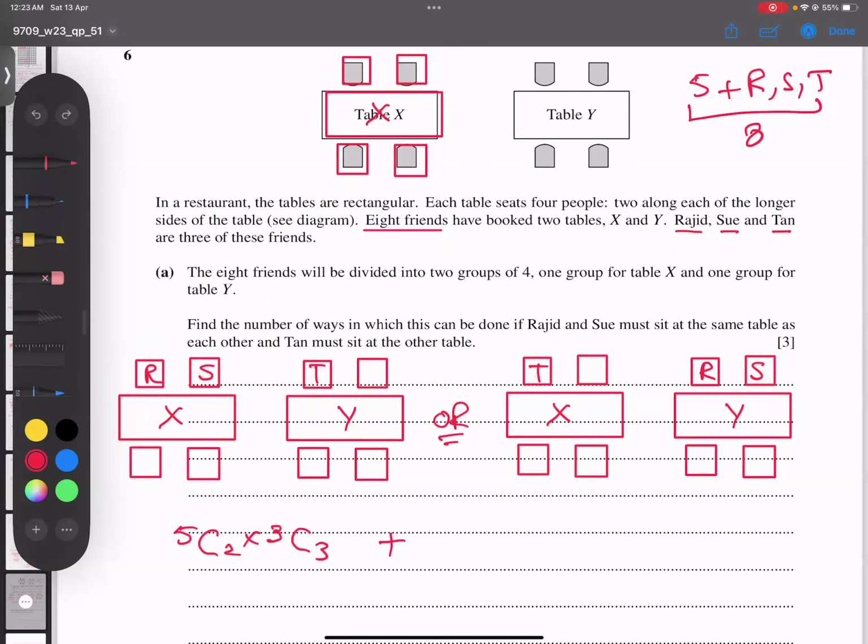Now the second possibility: five people entered and found three empty spaces. So 5C3. Three got seats, and now two are left. They found two chairs empty, so 2C2. And 3C3 and 2C2 are always one.